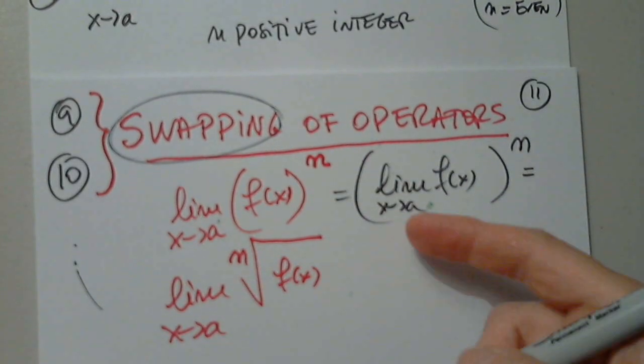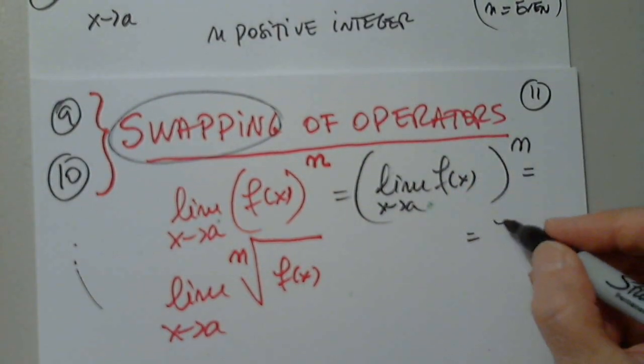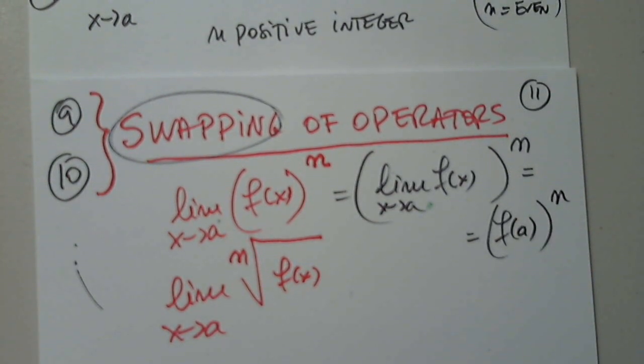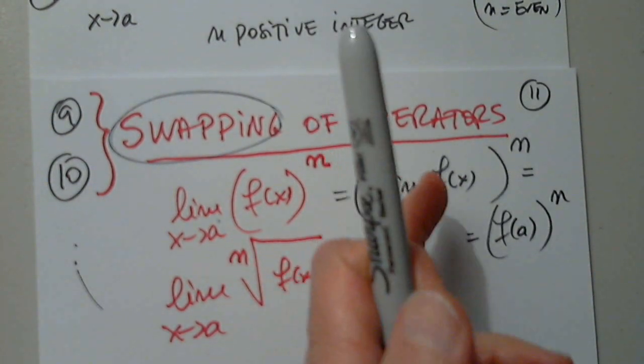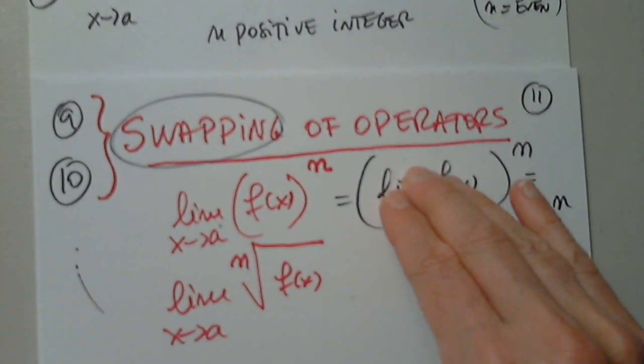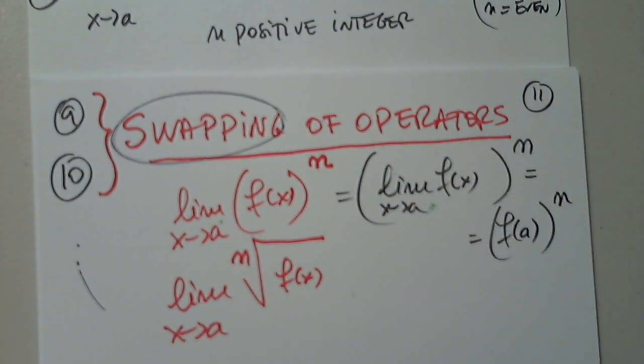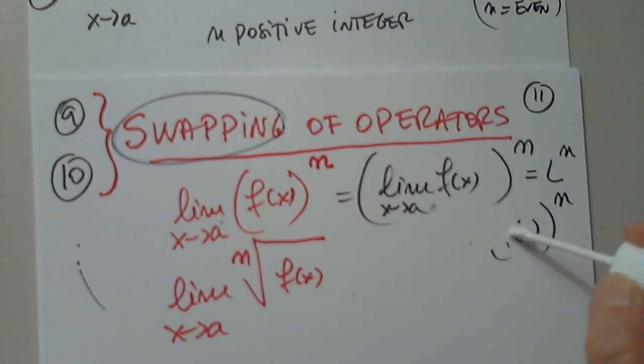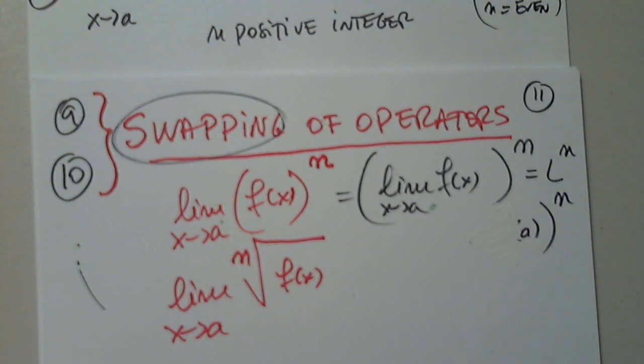And of course, this will be f of a to the nth power, right? Or since we know that this is L, it will be L to the n. Even better. Let me stick with the assumption from the very beginning. It's the same thing, but it's better to do that.